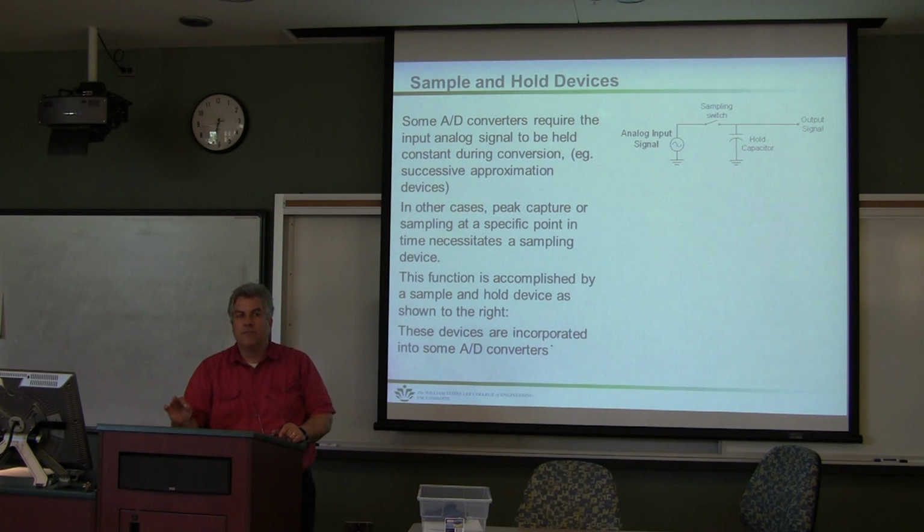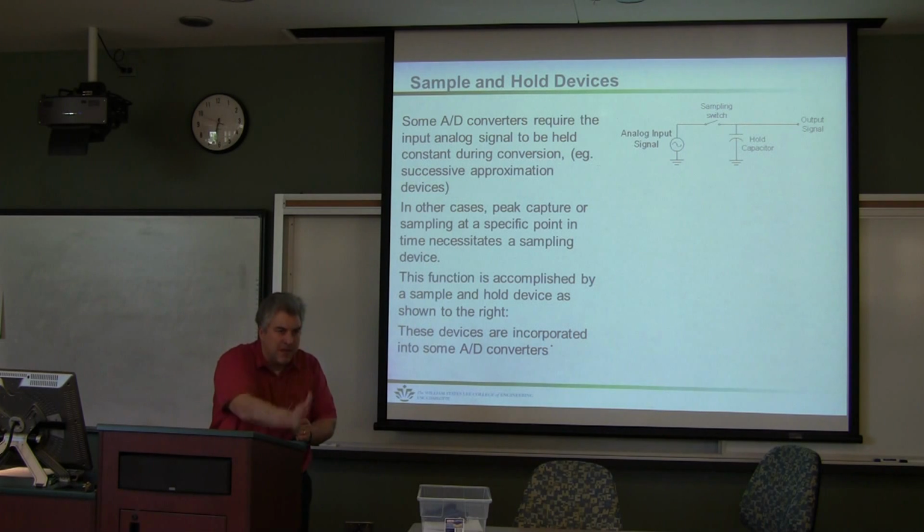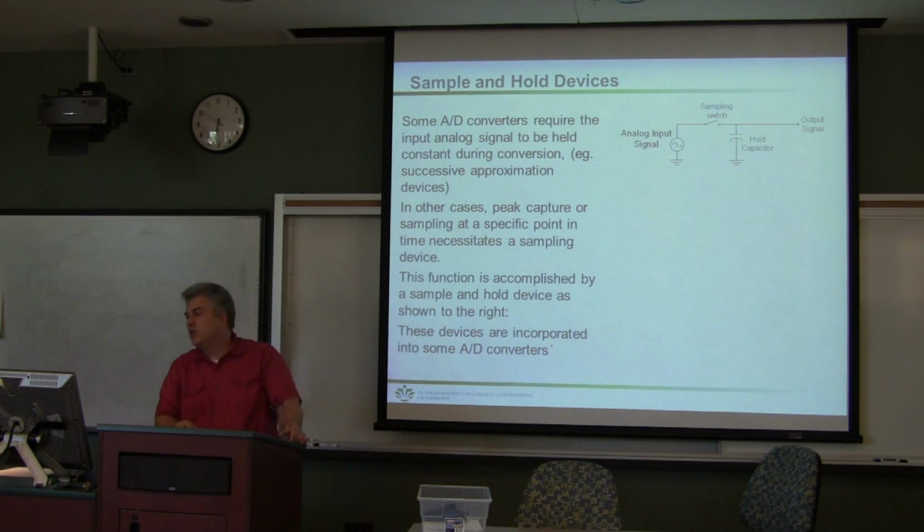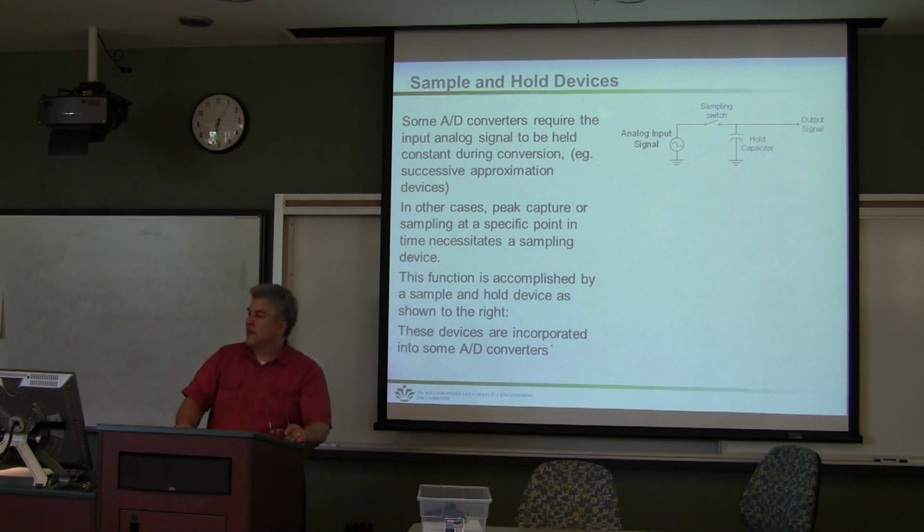Remember that periodic measure, wait a little bit of time, measure, wait a little bit of time. We do that by putting the sampling switch and charging or discharging the capacitor, because after it's been sampled, it will discharge the capacitor and go in for the next sample. And that's what a sample and hold device will do for us.